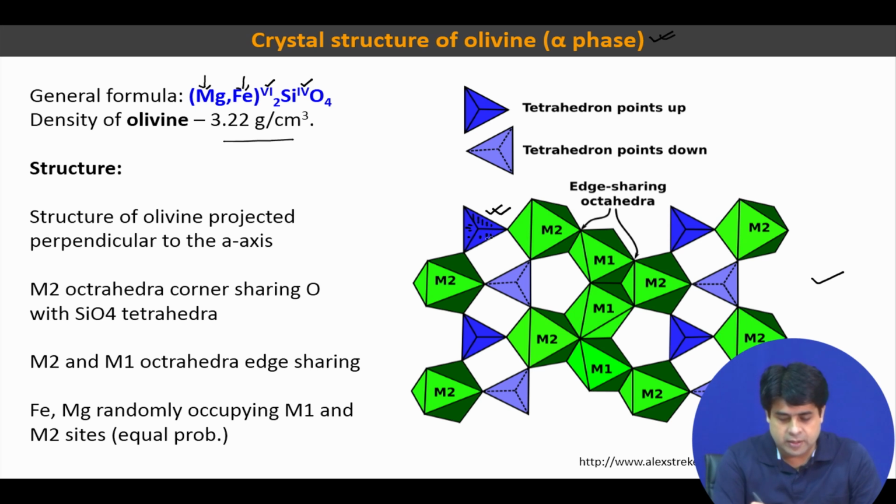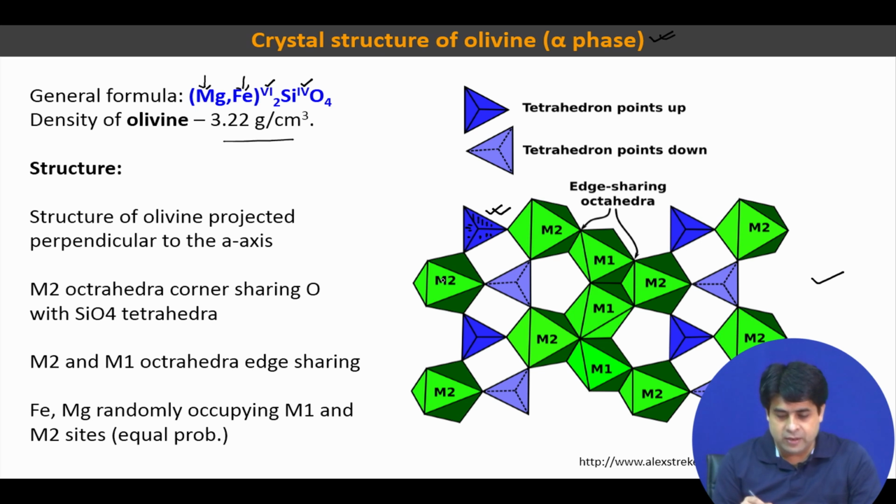So, all these triangles are indicating faces, and if you see, there are 2 different kinds of tetrahedron, one with a solid line and another with a dotted line. When you have solid lines inside the triangle, it means that this tetrahedron is pointing upward, towards the screen.